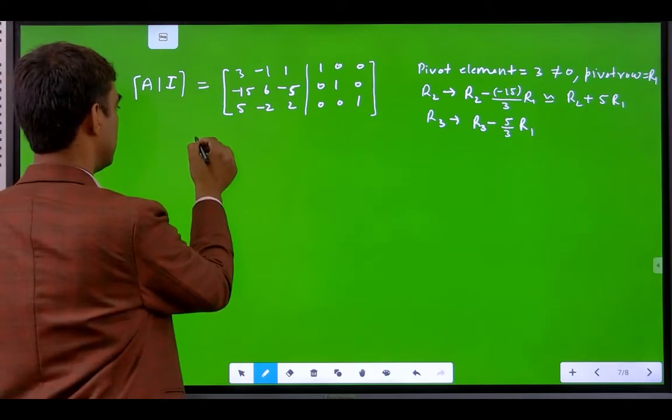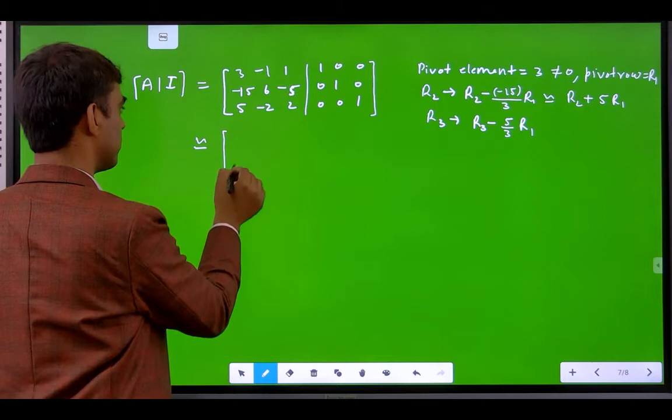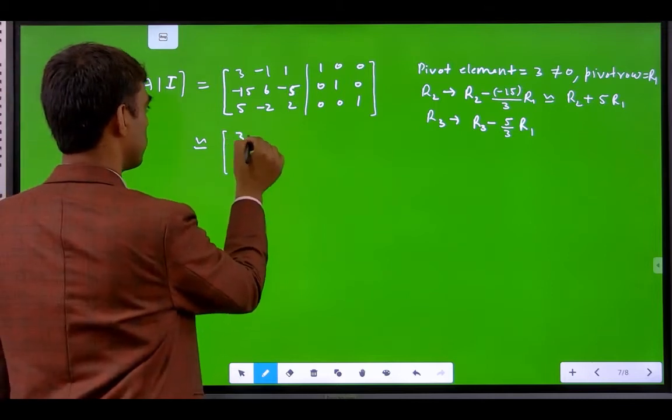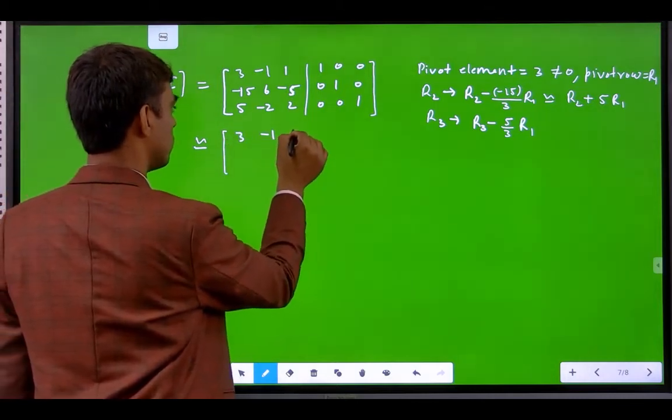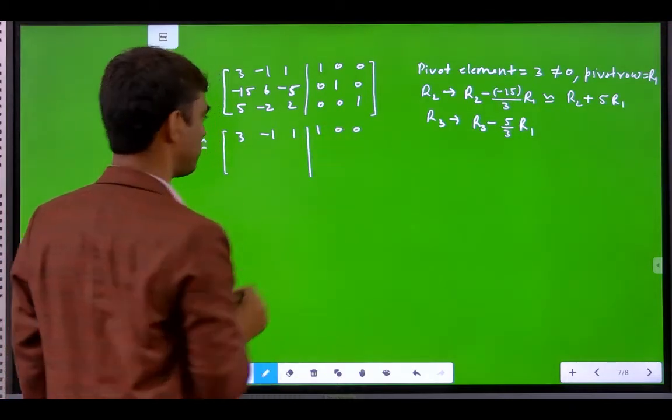Now what is the equivalent augmented system? There is no change in the first row: 3, 1, 1, partition 1 0 0.